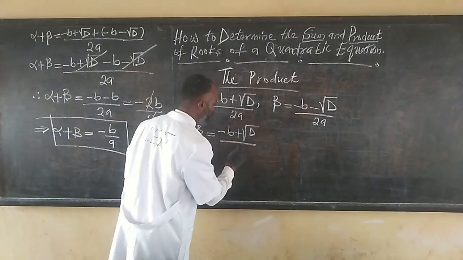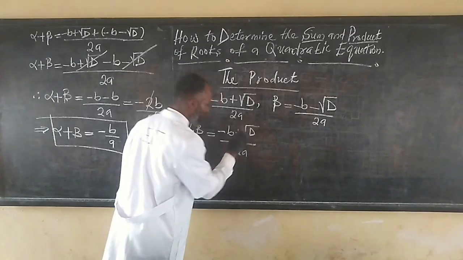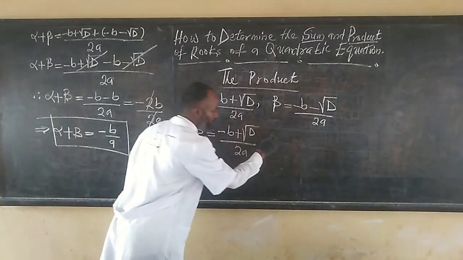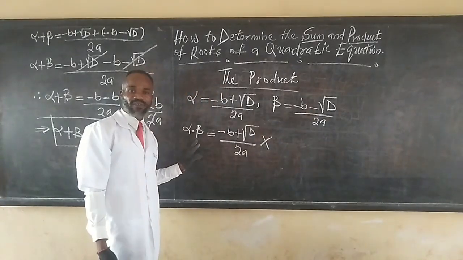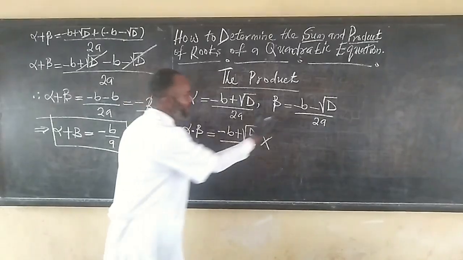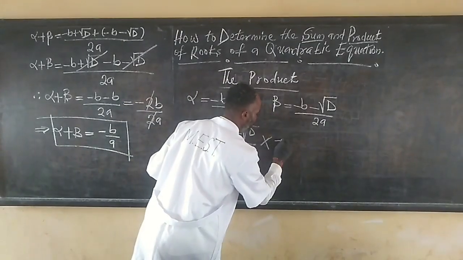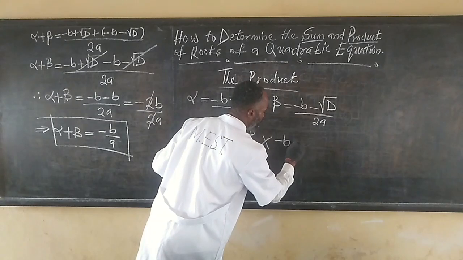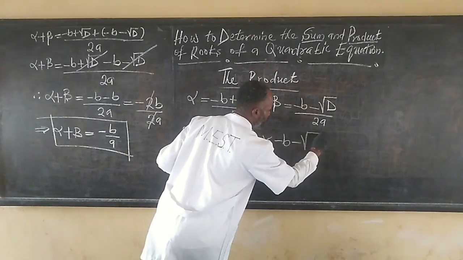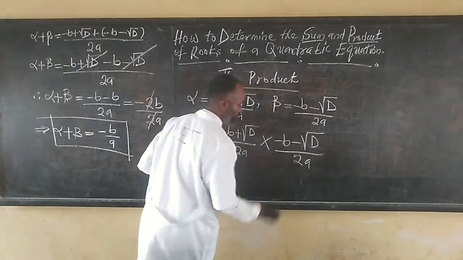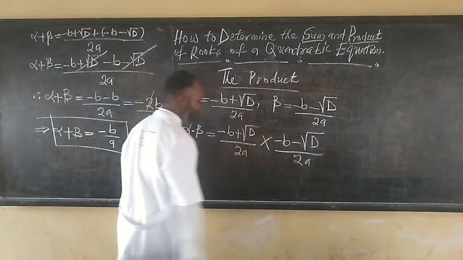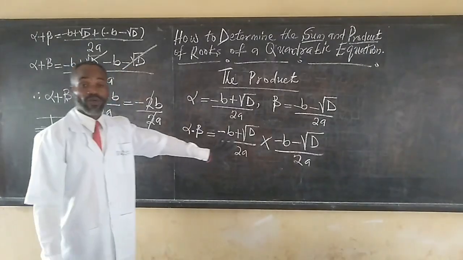d all over 2a, multiplied by beta. Our beta is minus b minus square root d all over 2a. This is a, not 9, so look at it very well.